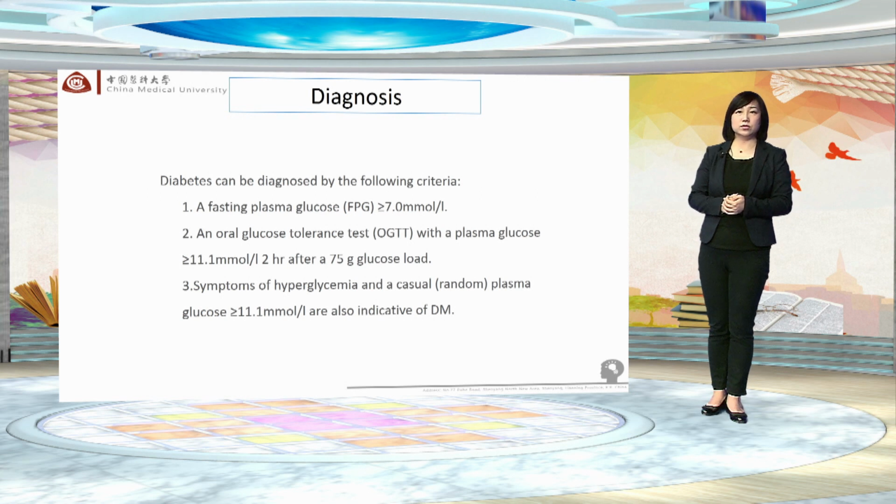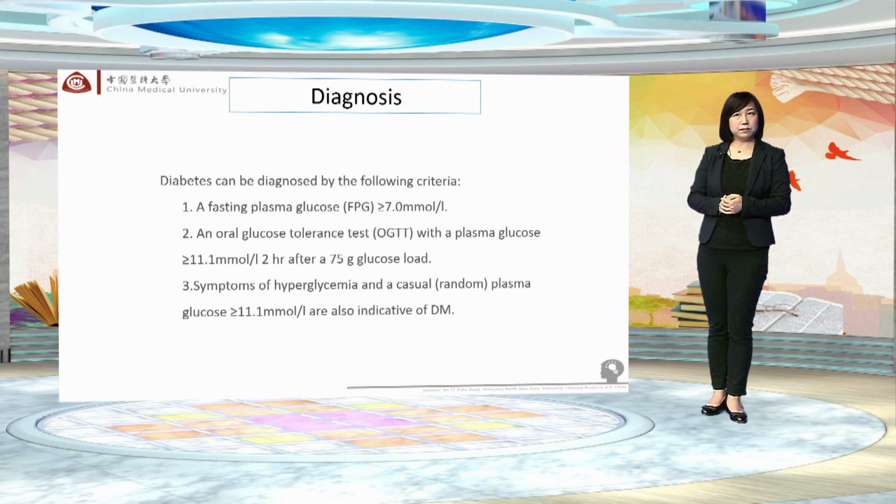Diabetes can be diagnosed by twice of the above value. It can be diagnosed by twice of fasting plasma glucose over 7. It can be diagnosed by one fasting glucose over 7 and OGTT 2 hours over 11.1. It also can be diagnosed when both fasting plasma glucose is over 7 and OGTT 2 hours plasma glucose is over 11.1.